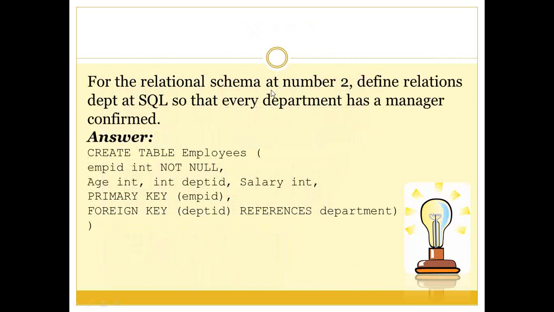For the relational schema at number 2, define the relation department in SQL so that every department has a manager. Create table employees, MID integer not null, age int, deptid, salary int, primary key MID, foreign key deptid references department.